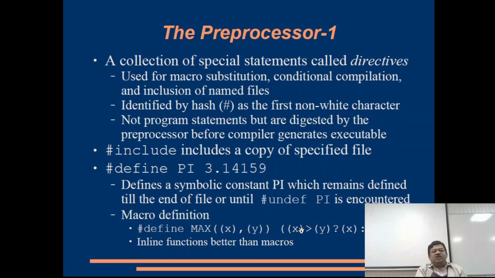The ternary operator essentially just checks the condition: if x is greater than y, return x, else return y. It is much easier to understand, the logic is much more clear and much more readable if I use this macro by the name of max.